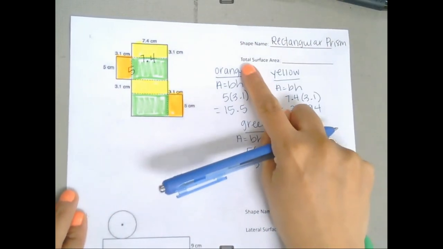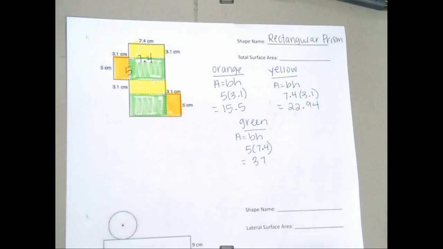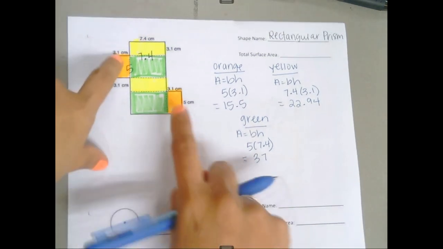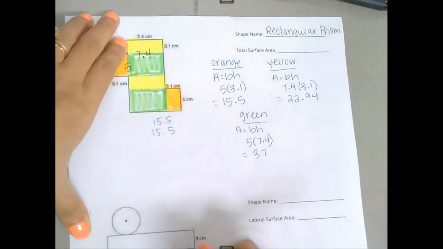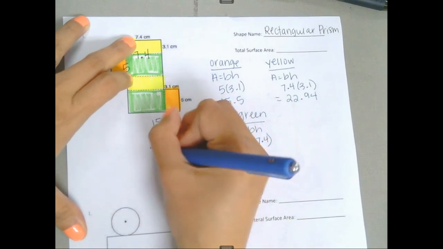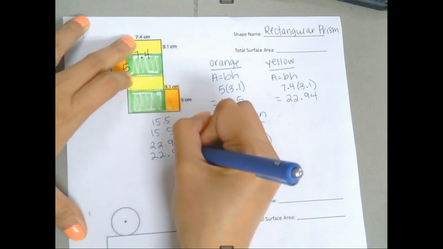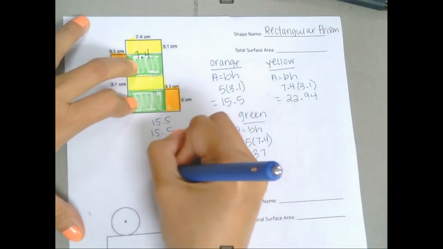And this one is asking us for the total surface area. So I'm going to need to add up these 6 sides. So I have 2 oranges, so 15.5 plus 15.5. I have 2 yellows, so 22.94 twice. And I have 2 greens, which was 37.